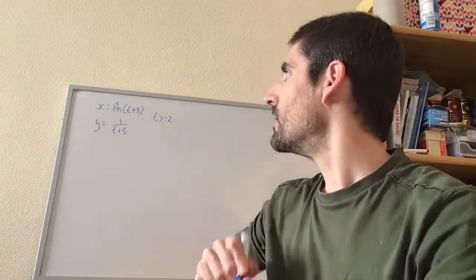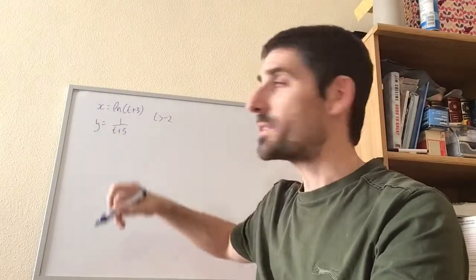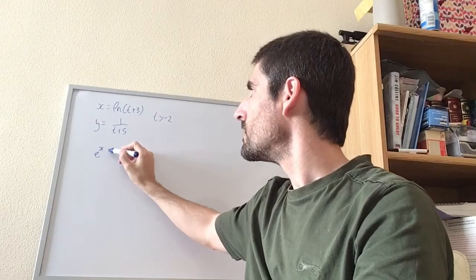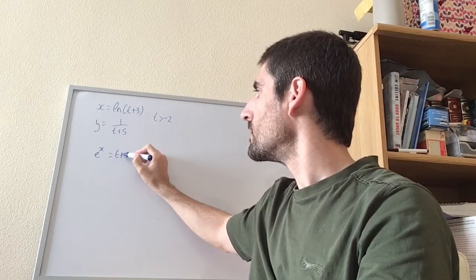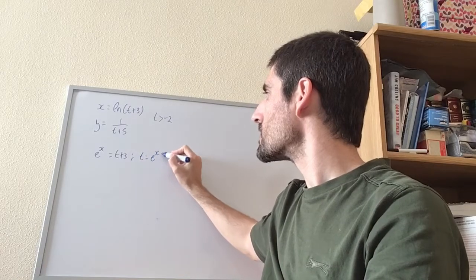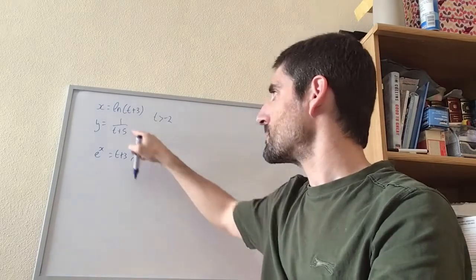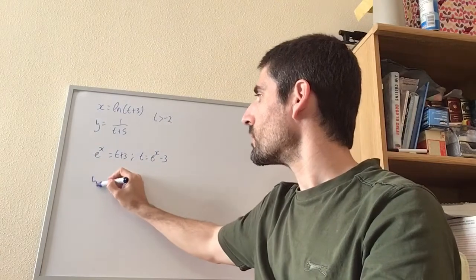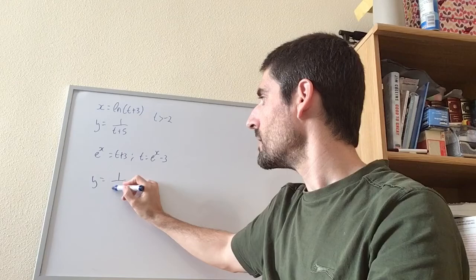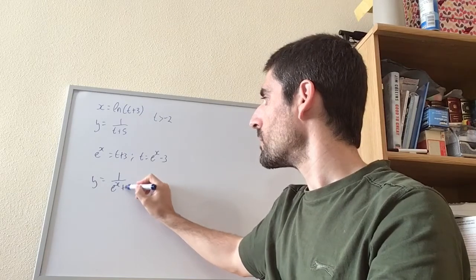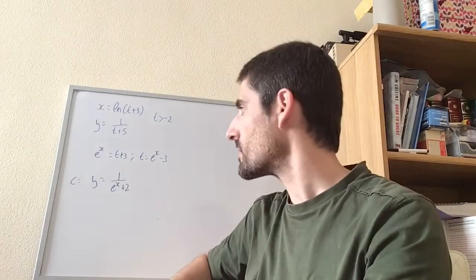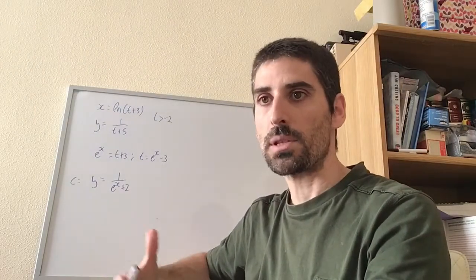There you go. So here, if I take the first equation, then e to the x is going to equal t plus 3, therefore t is e to the x minus 3, and I substitute that in there, so y equals 1 over e to the x minus 3 plus 5, which is e to the x plus 2, and that is my Cartesian equation sorted.